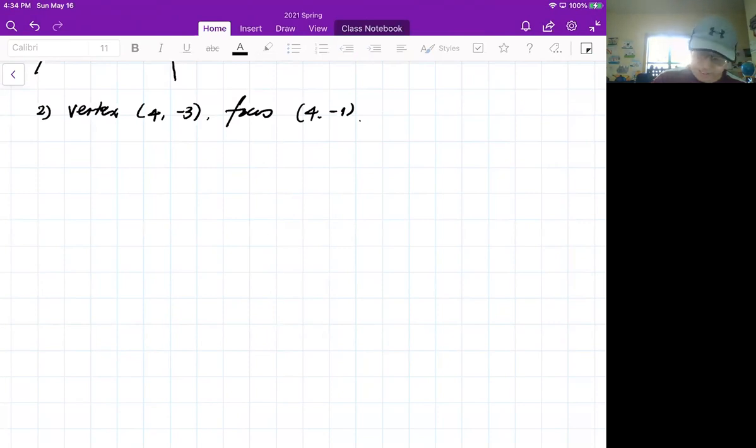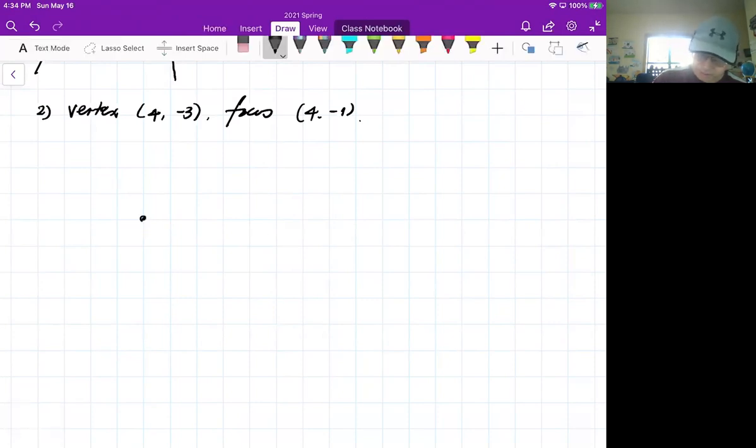So let's see, the vertex, V, is at (4, -3). The focus is at (4, -1), so it's above that. And this is the line of symmetry here.